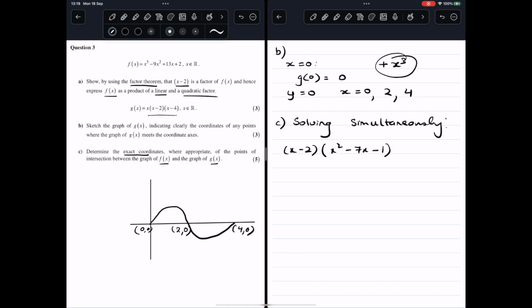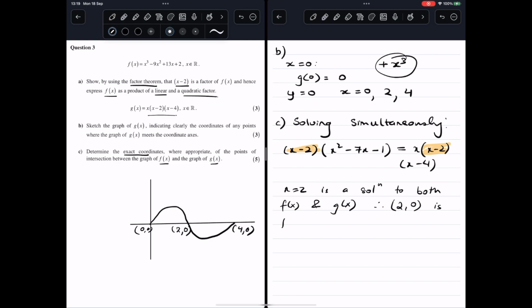So that's that, and this will be equal to g(x), which is this. Now, over here, x minus 2 is common, and we notice that it was a factor of f(x) as well as g(x), so x equals 2. Okay, so it is a solution, and therefore it would be a point of intersection, so we can just say it will be (2, 0).